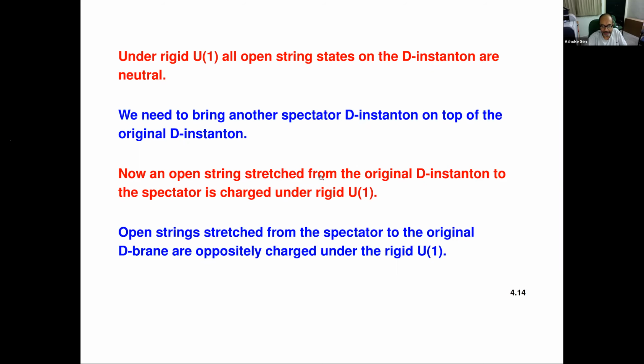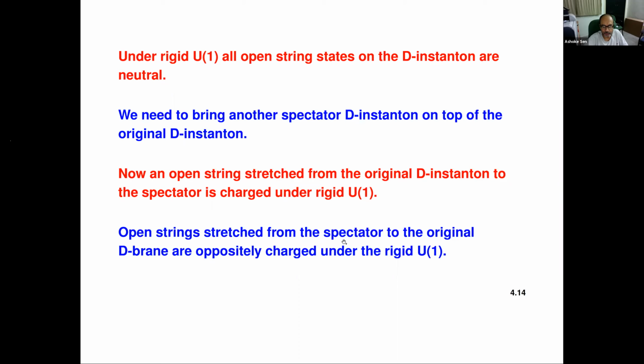Okay, just like in ordinary D branes, right? It's in the same way that coincident D branes have U1 enhanced to U2. So all the off-diagonal open strings are charged under the diagonal U1s. The same thing will happen here. So an open string stretched from the original D instanton to the spectator is charged under rigid U1.